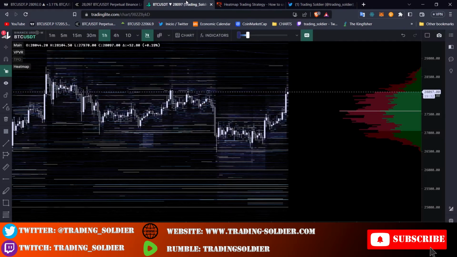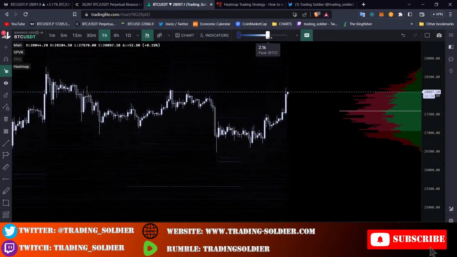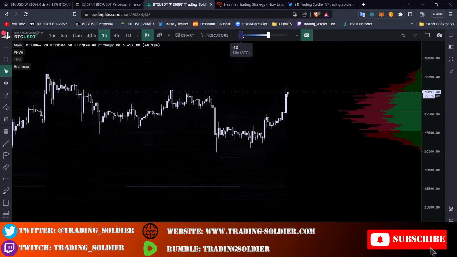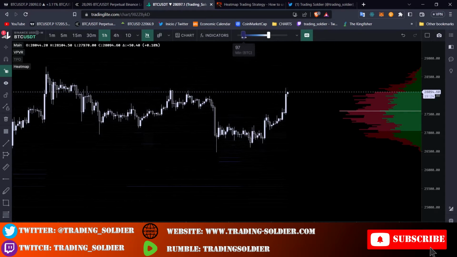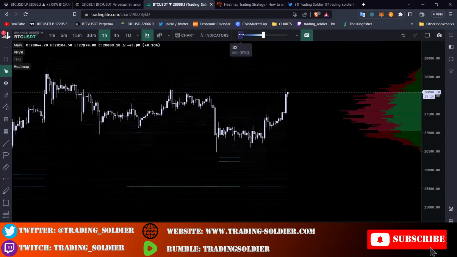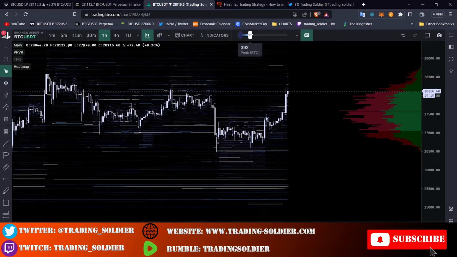So in TradingLite, you have this tool here that allows you to set the minimum amount of BTC considered as the threshold, and the peak, the maximum threshold. For example, I like to have a minimum of 30 BTC and a maximum of, for example, 350 BTC.